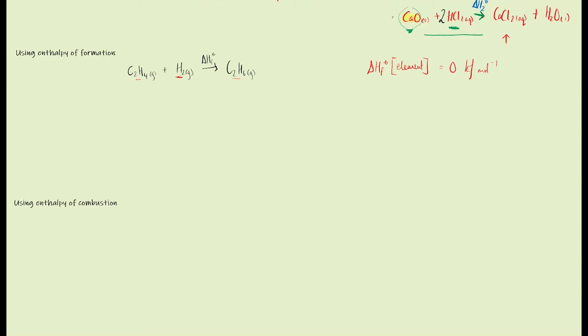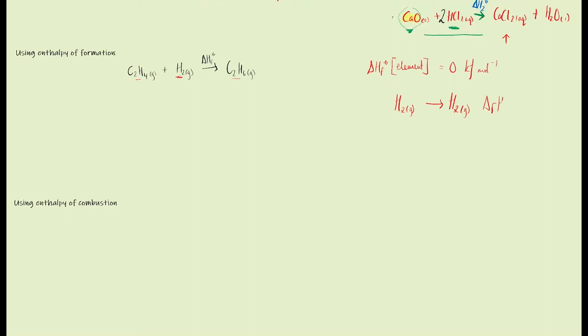If I take hydrogen, for example, I'm trying to make 1 mole of hydrogen gas from its constituent elements in their standard states conditions. The constituent element is hydrogen, and in standard states conditions, it exists as H2. So there is actually no change here whatsoever from hydrogen gas to hydrogen gas. So for any element, it's always 0 kilojoules per mole, and you won't find that data in the data booklet.